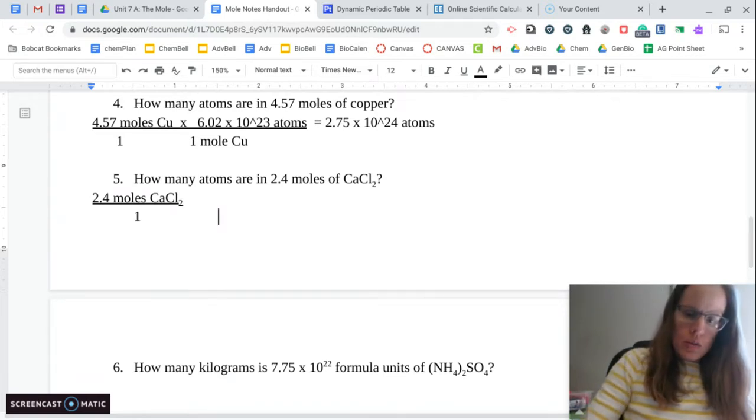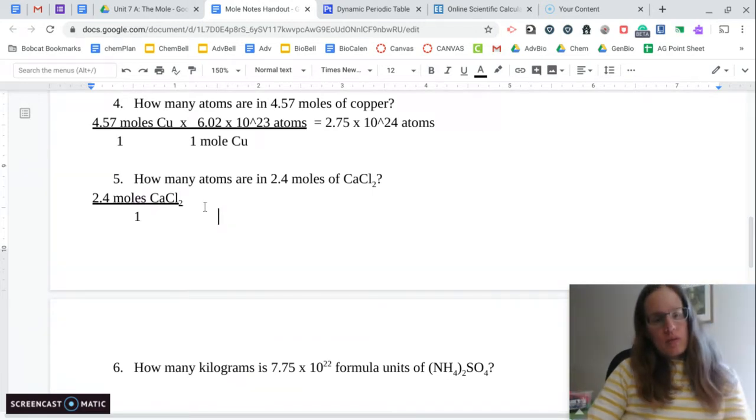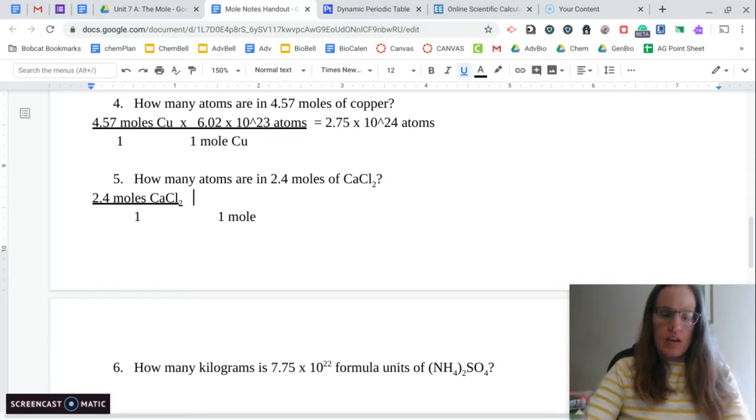Since the moles are on top, I'm going to put moles on the bottom. So I put my 1 mole on the bottom. And then up on top, I need to think, are they asking for mass? Are they asking for particles? They're asking for particles. So I'm going to have to use the 6.02 times 10 to the 23rd.